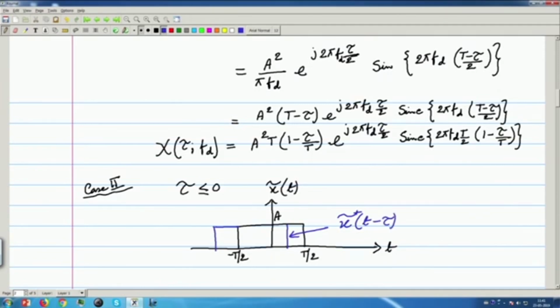Now what will be the limit here? You can find out this portion. The midpoint of this blue pulse is tau.